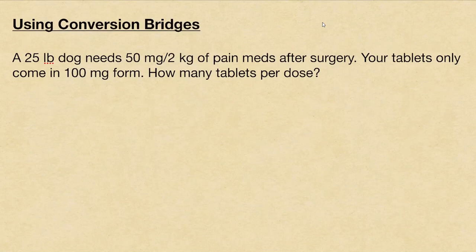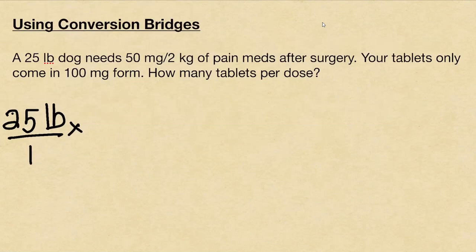So let's do our starting factor, which was 25 pounds. Again, you can put that placeholder over there. And then I'm going to throw that in there. How many kgs per pound? There is 1 kg for every 2.2 pounds.